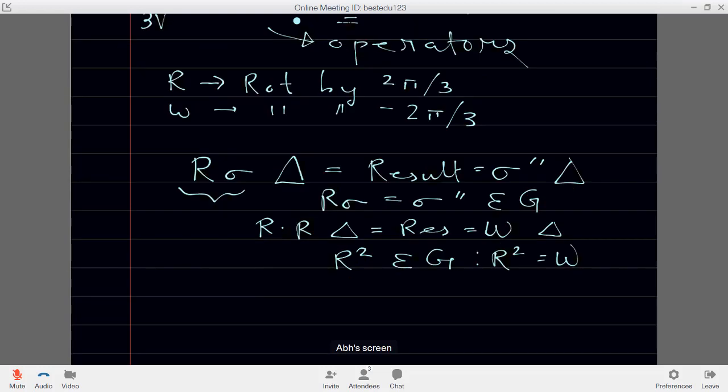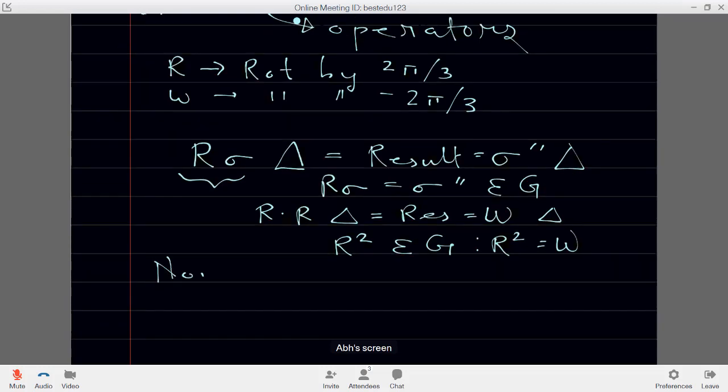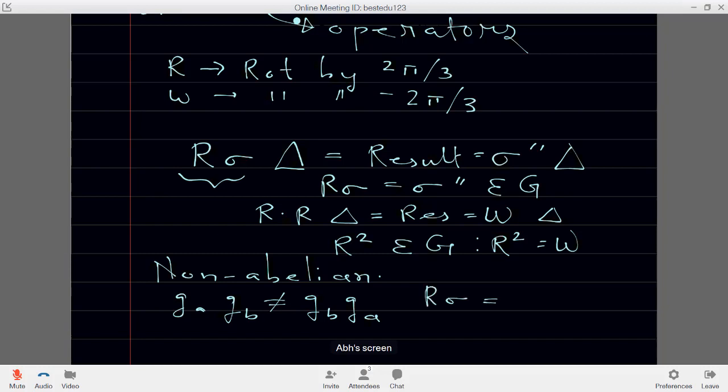But this is a non-abelian group. How should I prove it? I should have two elements from the group such that the product is not equal when I multiply in the reverse way. Let me give an example. If you take R and sigma, you get sigma double prime. But if you do sigma and R, you get sigma prime.